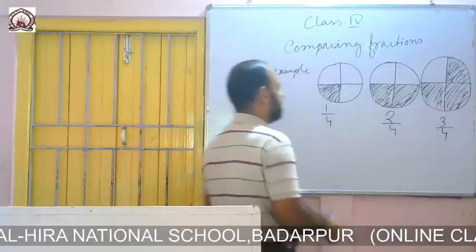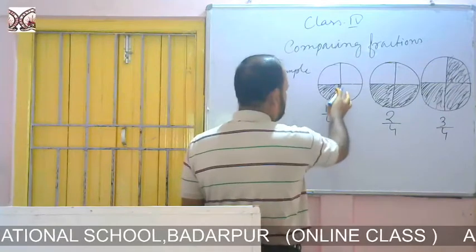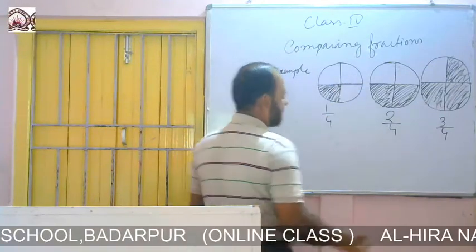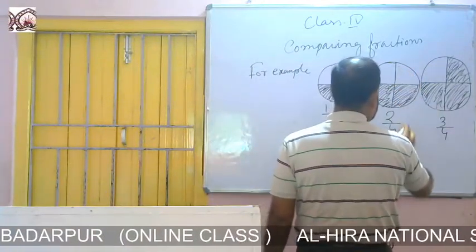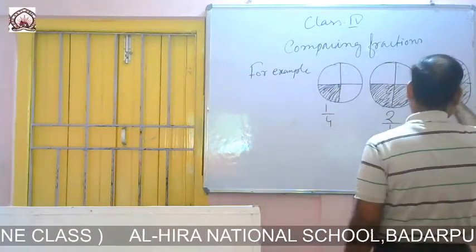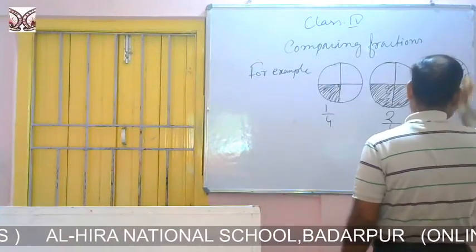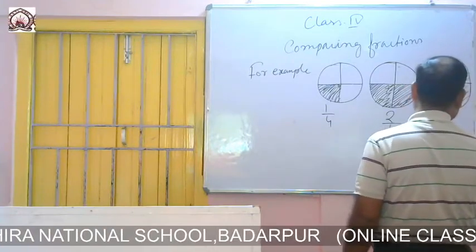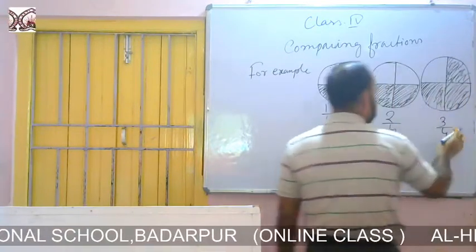So see here 1/4, out of 4 parts 1 part is colored. Here out of 4 parts 2 parts are colored. Fraction is 2/4. Here out of 4 parts 3 parts are colored. That means the fraction is 3/4.